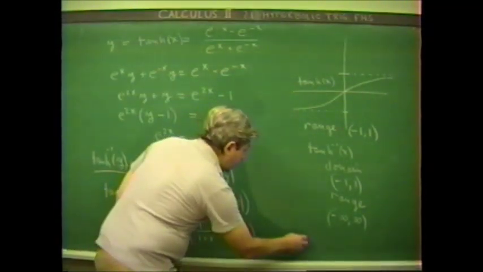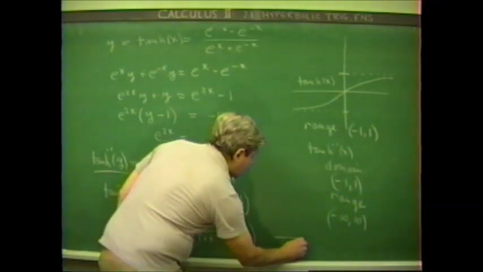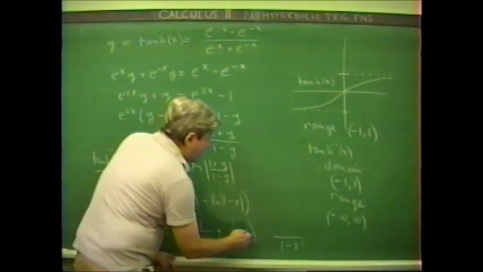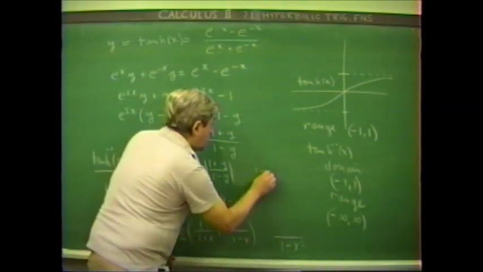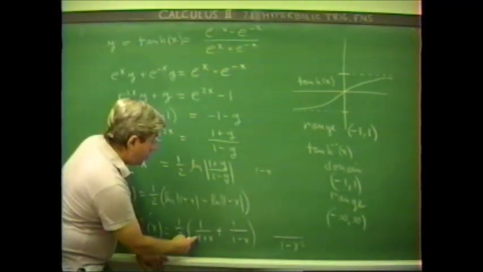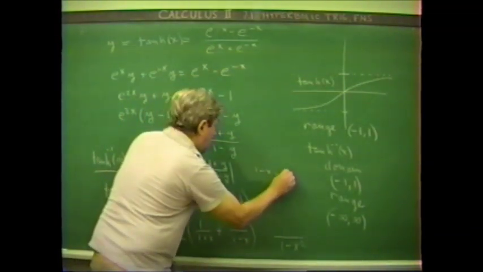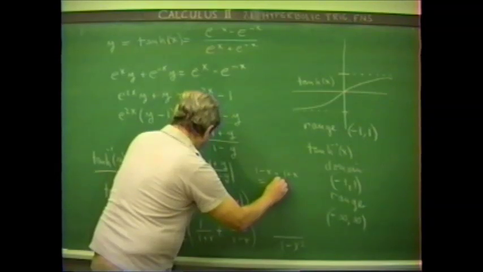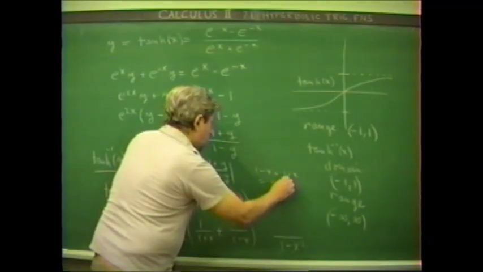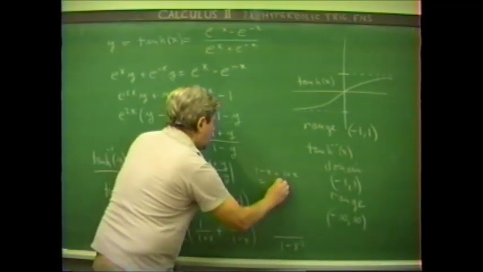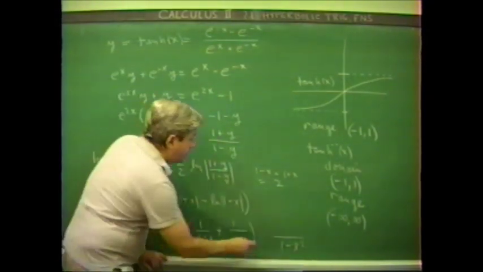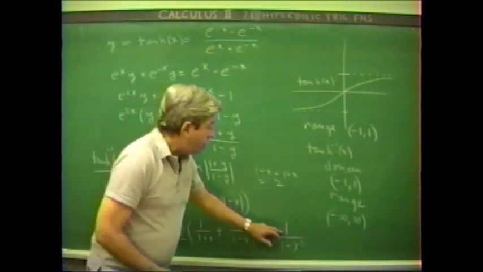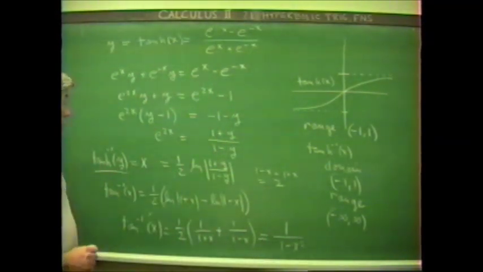And then putting this over a common denominator, we have 1 minus x squared, and we get 1 minus x in the numerator, and we get 1 plus x, which is going to be equal to 2. And now we've got a half here to contend with, so we get that the derivative of the hyperbolic tangent inverse is 1 over 1 minus x squared.